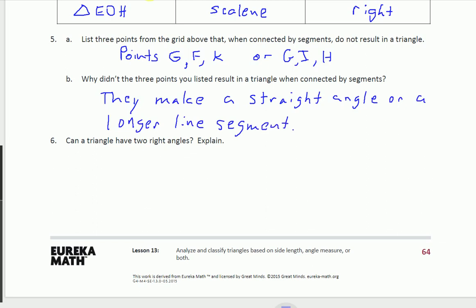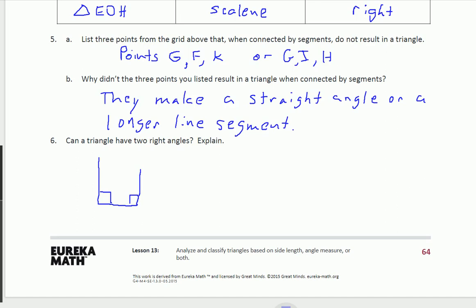Okay, there you go. And then the last one, can a triangle have two right angles? Well, think about this. There's one. Now, if I were to make either one of these a right angle, it wouldn't connect.